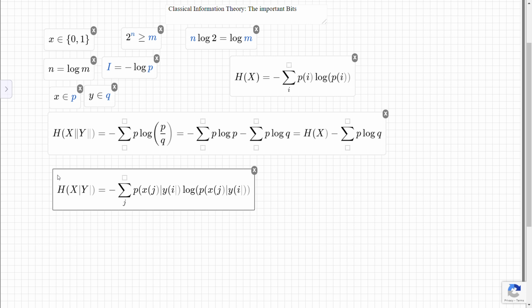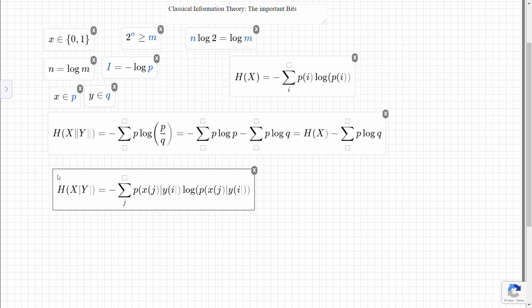So the difference between the relative entropy and the conditional entropy is this: when we talk about relative entropy, we are talking about the entropy of x with respect to y. But when we are talking about the conditional entropy, we already know the probability for a symbol in the message, which is yi.